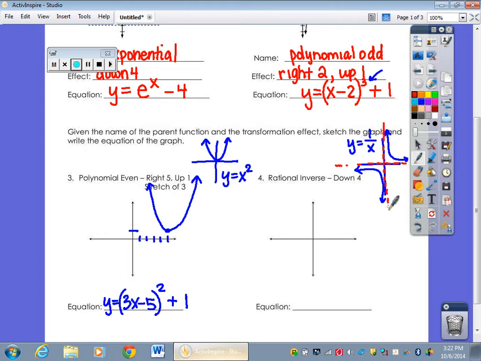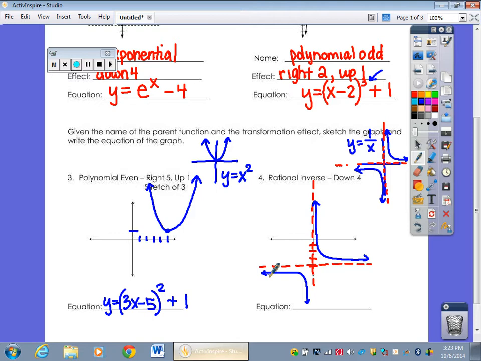So we want to move those down 4. So this one is going to stay the same, but this one is going to move down to -4. So it's going to be here. So when we draw our picture, it's going to look just like the picture we see up there, except it's going to be below the x-axis and not above the x-axis.